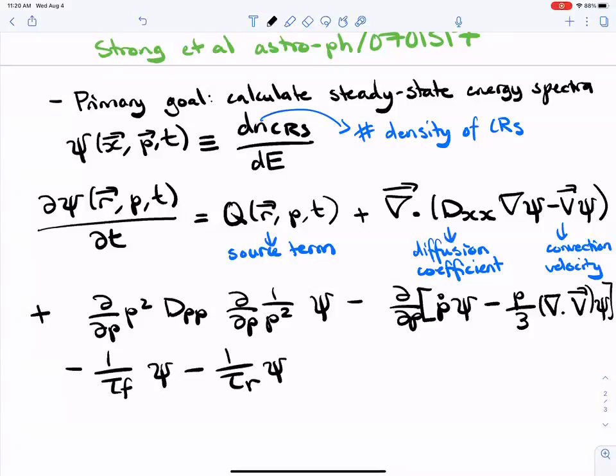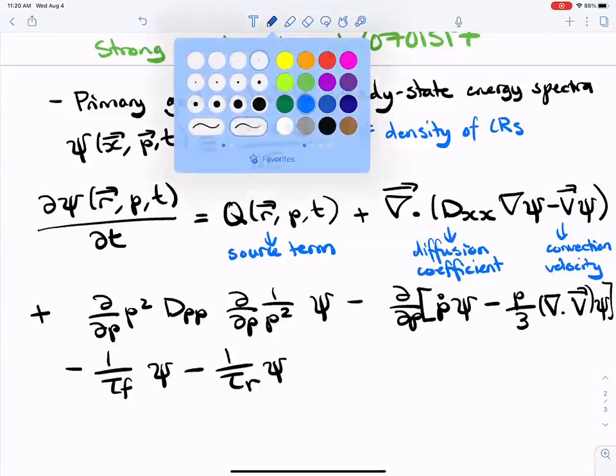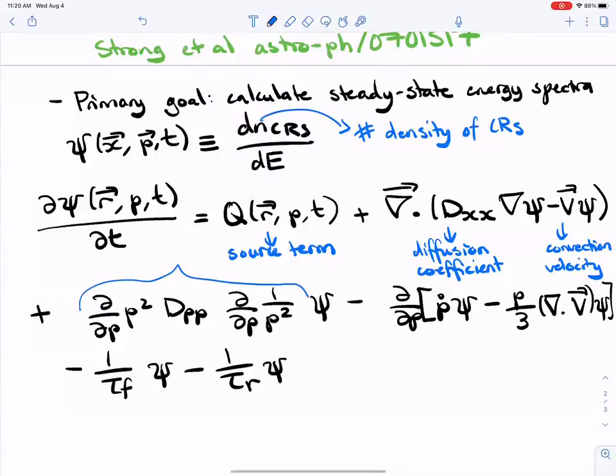Okay, so we have an equation that looks something like this. This piece is describing diffusive reacceleration. This is describing energy losses due to cooling.